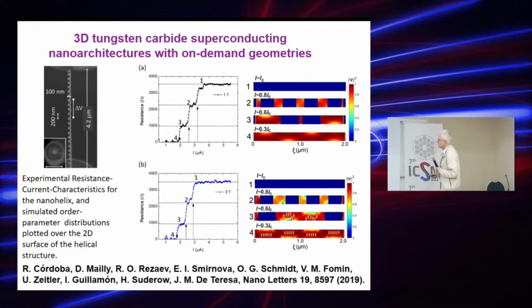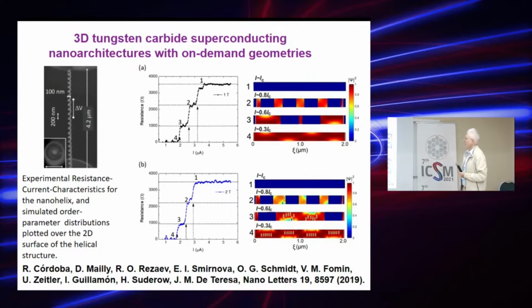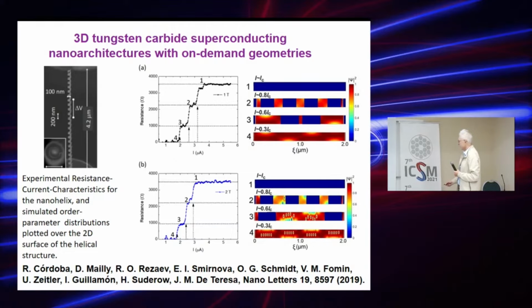I think the numbers are clear enough to show that the diameter of this nanohelix is 100 nanometers, and the line is about 30 nanometers. So it's completely a nanohelix. And these experiments were performed in Zaragoza and Valencia.